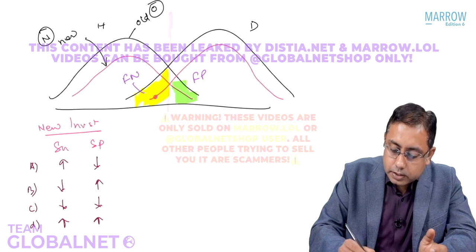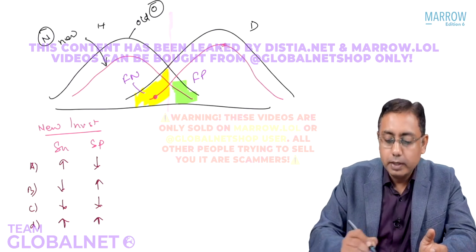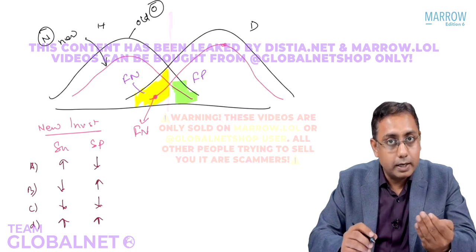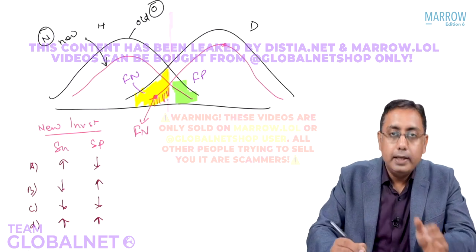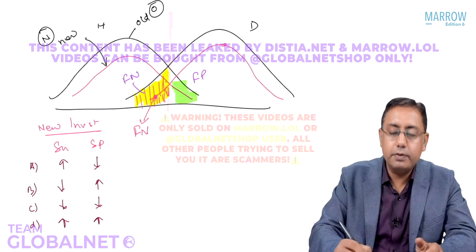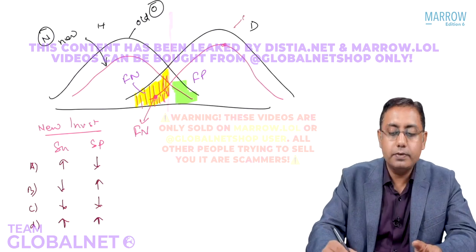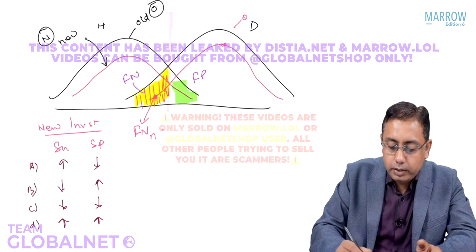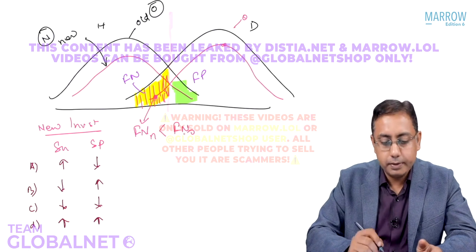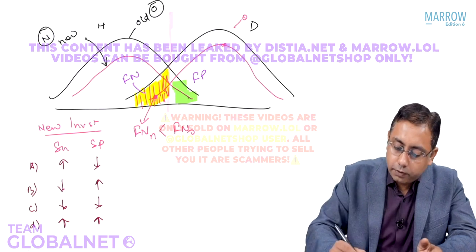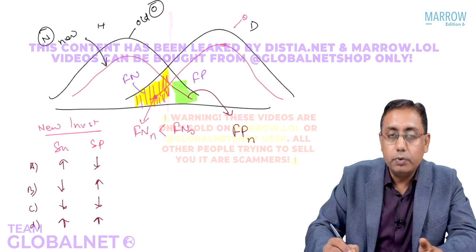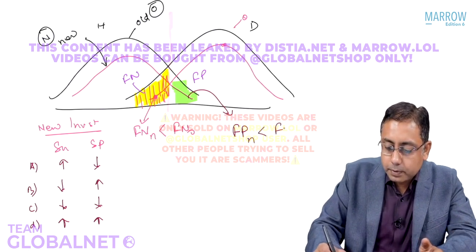If I see this red color curve, can I say that the quantum of false negative, this area, is lesser with the new investigation than the false negative with the old investigation? That is, the false negative in new is less than the false negative in old. Are we correct? On the other hand, with the same principle, the false positivity in the new will be lesser than the false positivity in the old.